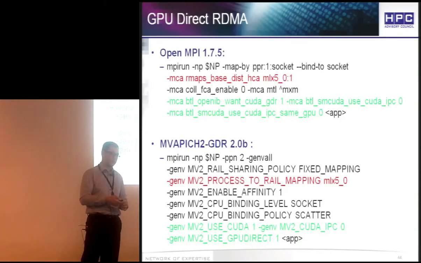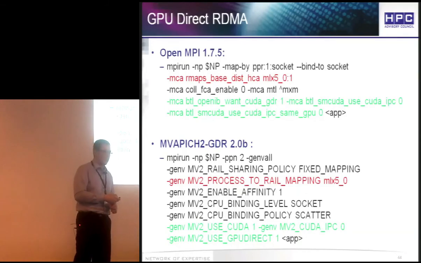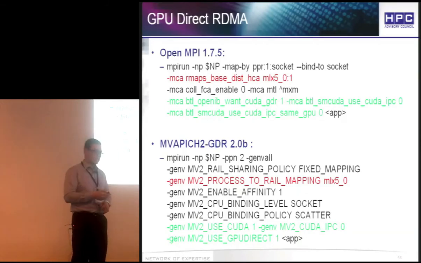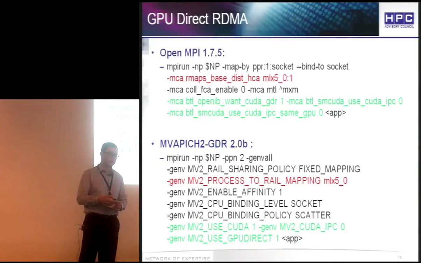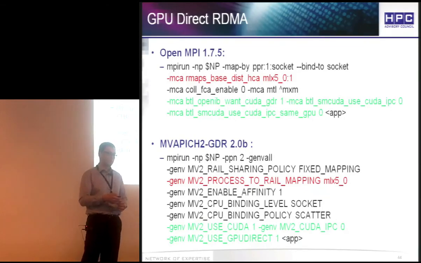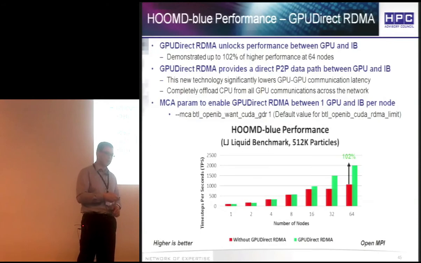The letters shown in red are basically the flags for picking the right interface, in case you have multiple interfaces on the system, so this is what you need to adjust. And the letters in green are the ones showing you not to cross over the QPI bus, because this has some performance impact.